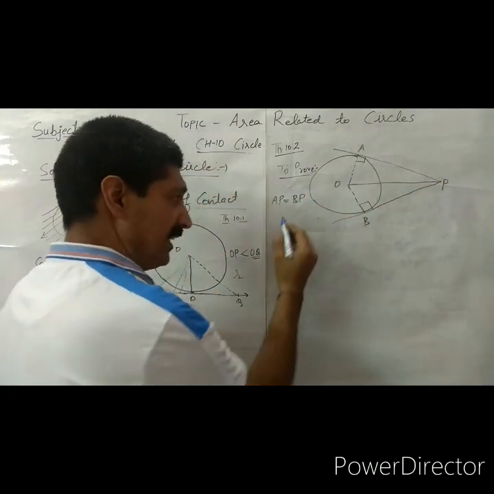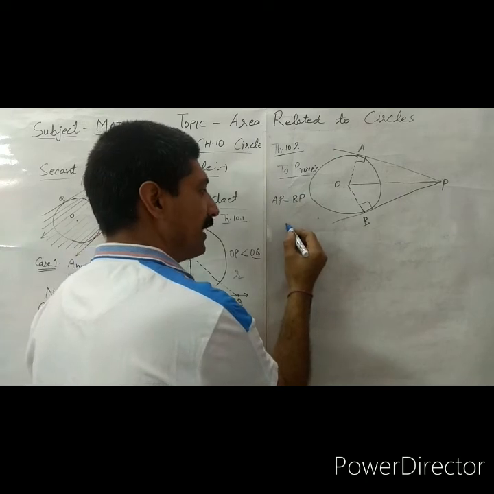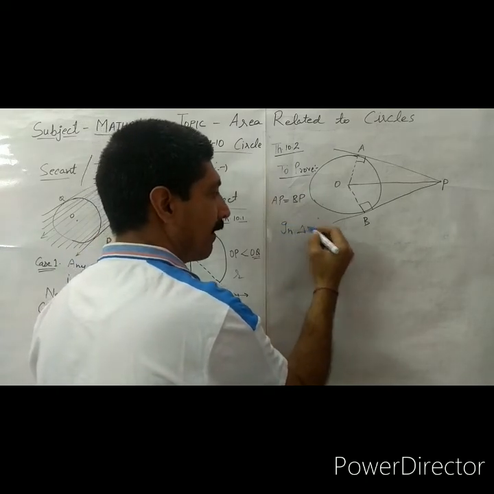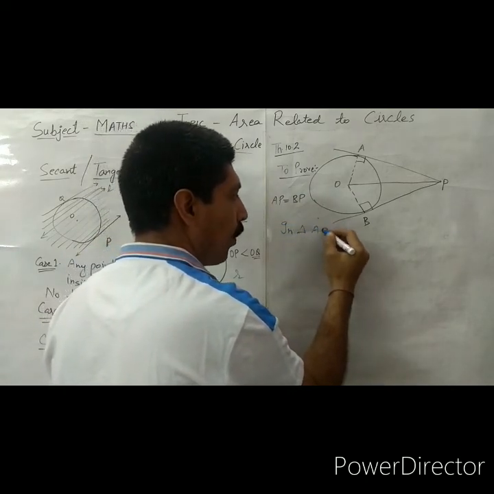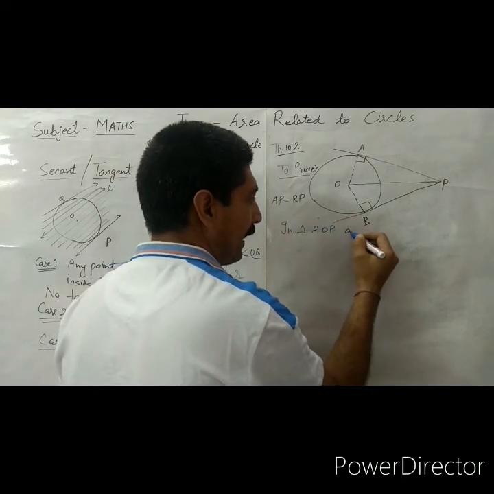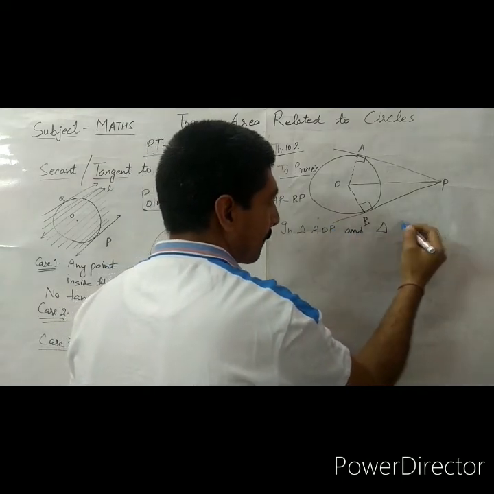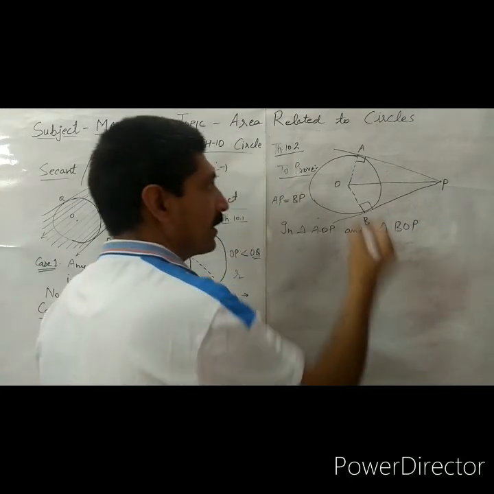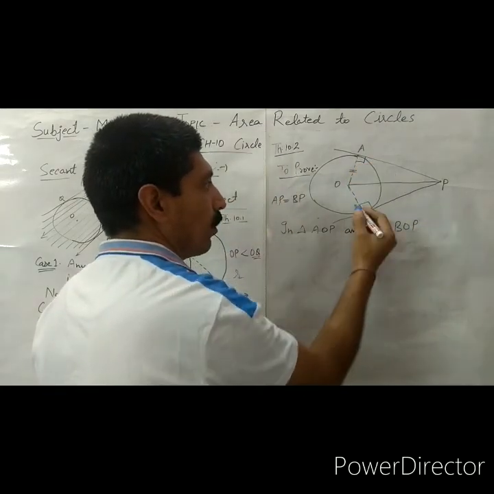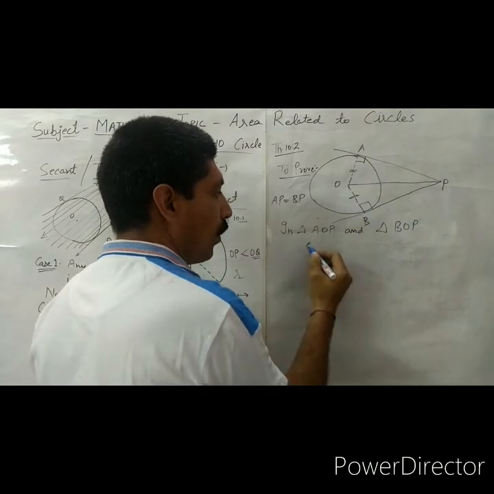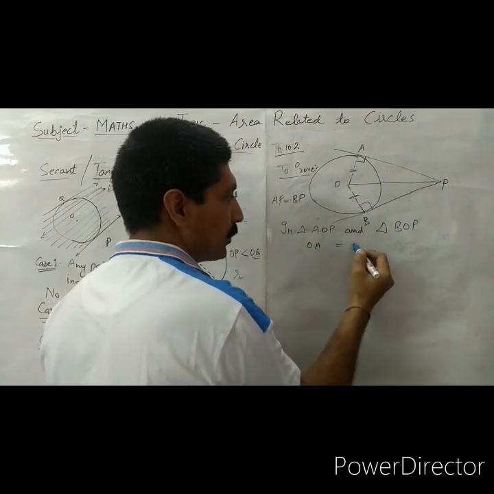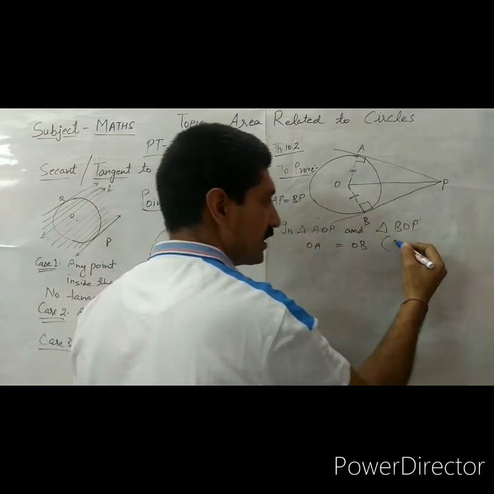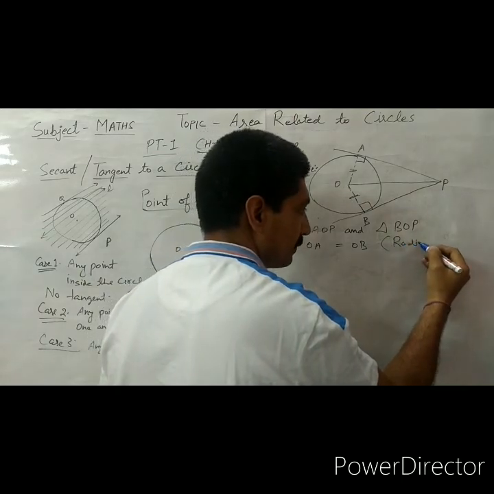So in triangle AOP and triangle BOP, here OA is equal to OB, radius of the circle.